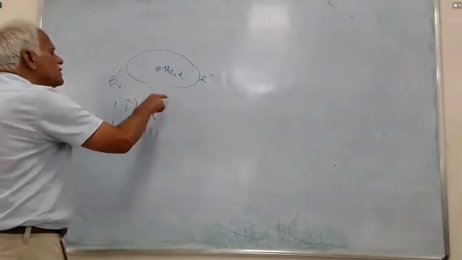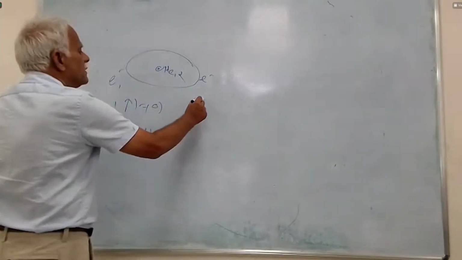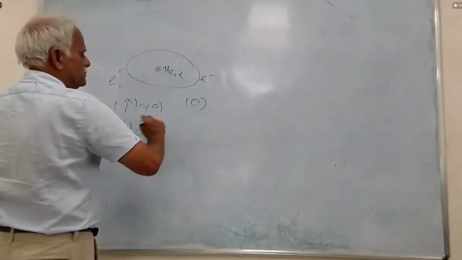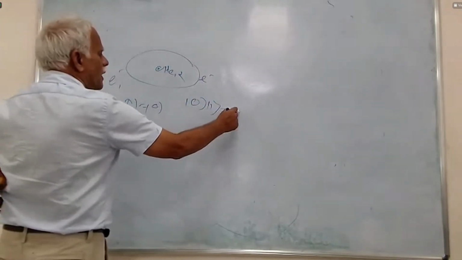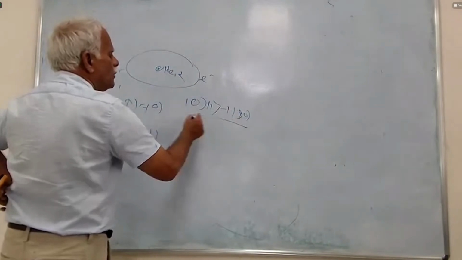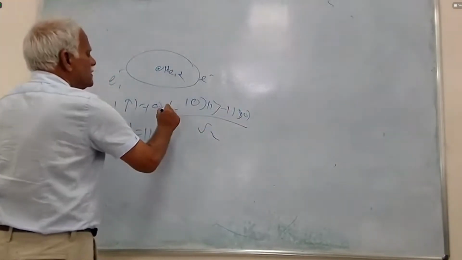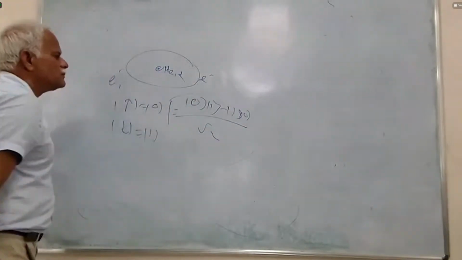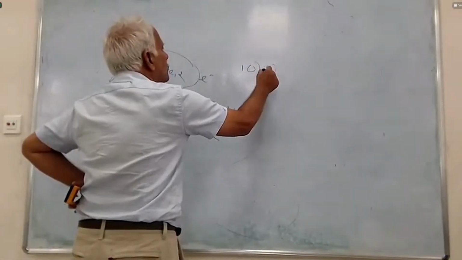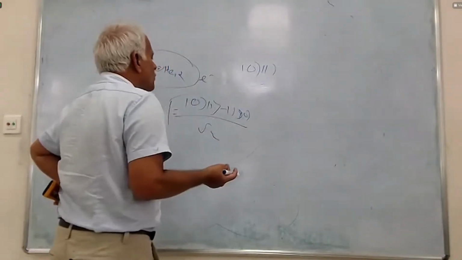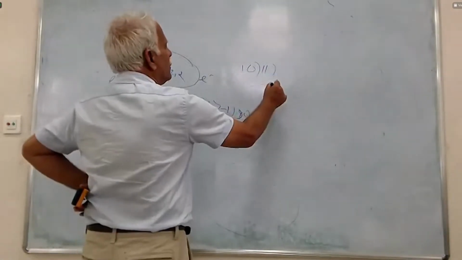So they found that these are in a state called singlet. What is singlet? It is 0, 1 minus 1, 0. Now what is this 0, 1? This is the direct product, inner product or outer product, I don't know, but what we do is 1, 0.